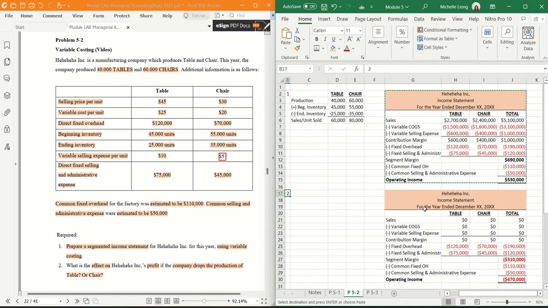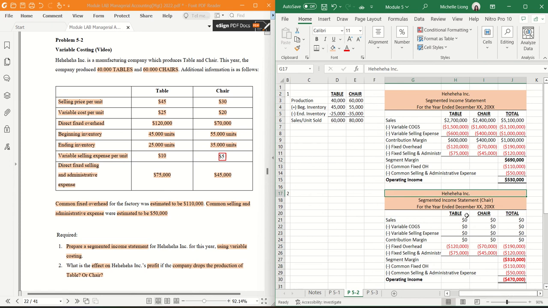Okay, so this one is the segmented income statement for chair. So this one is for chair.